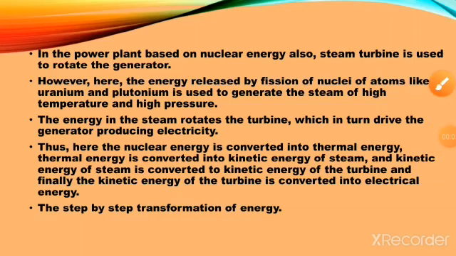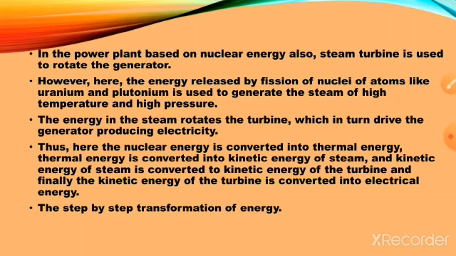In the power plant based on nuclear energy also, a steam turbine is used to rotate the generator. However, here the energy released by fission of nuclei of atoms like uranium and plutonium is used to generate steam of high temperature and high pressure. The energy in steam rotates a turbine, which in turn drives the generator producing electricity.